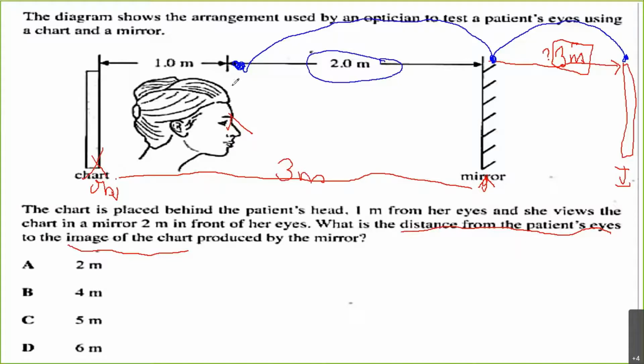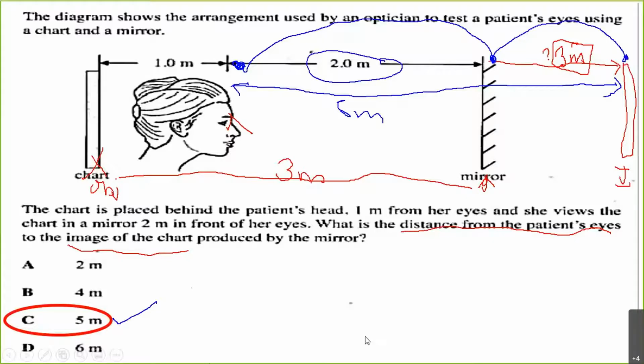So this distance from the patient's eyes to the image of the chart is 5 meters. So the answer is C. No guessing. You understand how we arrived at that conclusion? Yes, ma'am. Good, good.